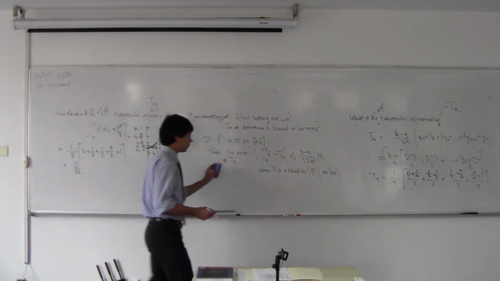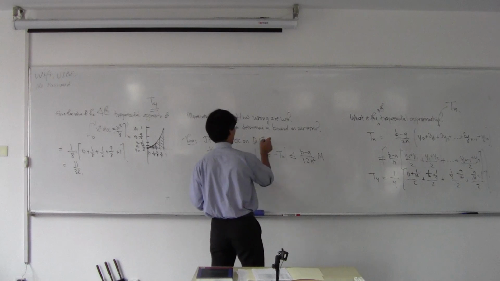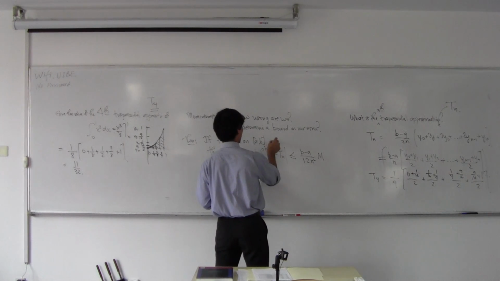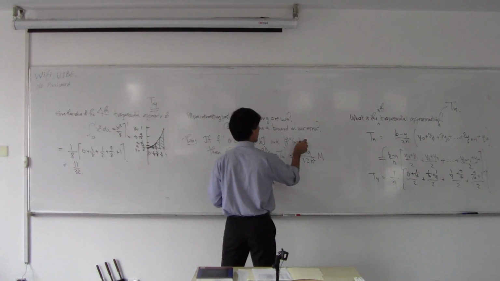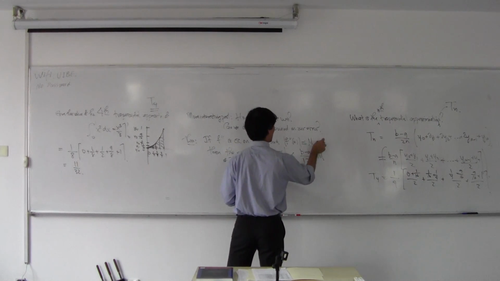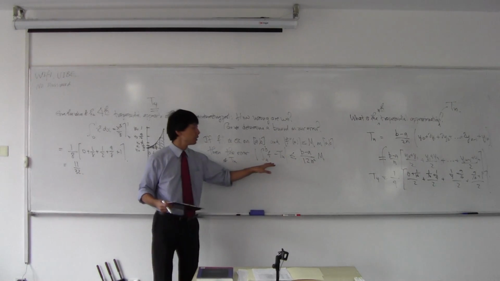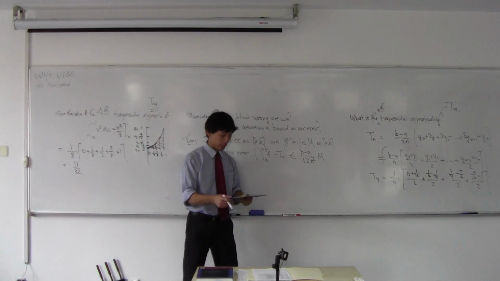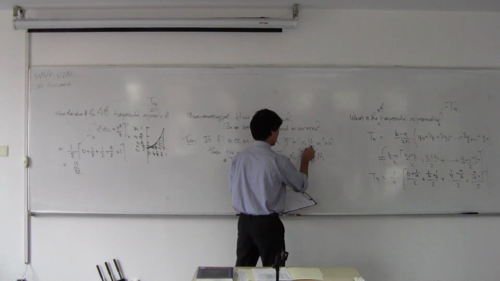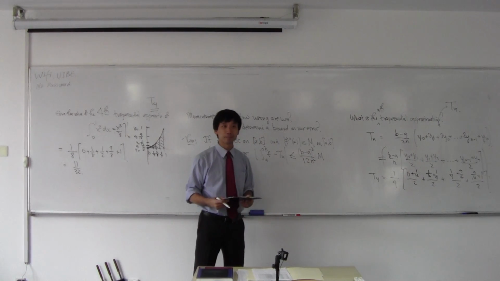Okay, maybe let me write it this way. If f double prime is continuous on [a, b], and the absolute value of f double prime is controlled by some M on [a, b], then the error is controlled. The error is going to be smaller than, sorry, mistake, (b minus a) cubed times M over 12n squared.